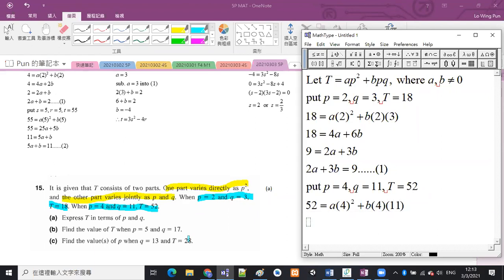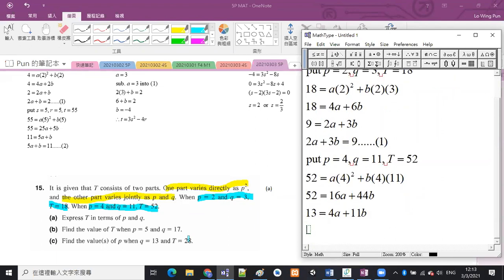Okay, and then we just simplify the numbers first. 52 is equal to 16A plus 44B. And notice that all numbers can be divided by 4. So divide every term by 4. It becomes 13 equals 4A plus 11B. And then we will just write the unknowns on the left and the number on the right. And label this to be equation 2.